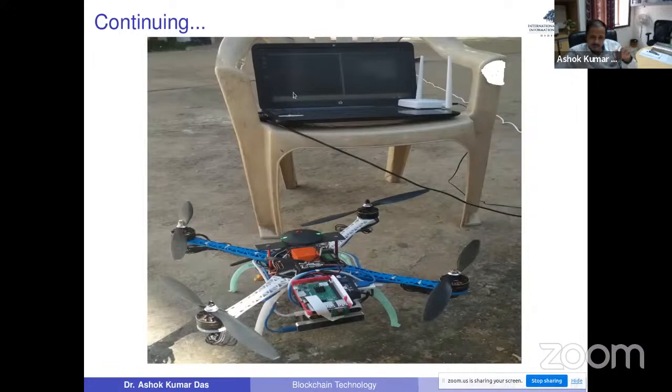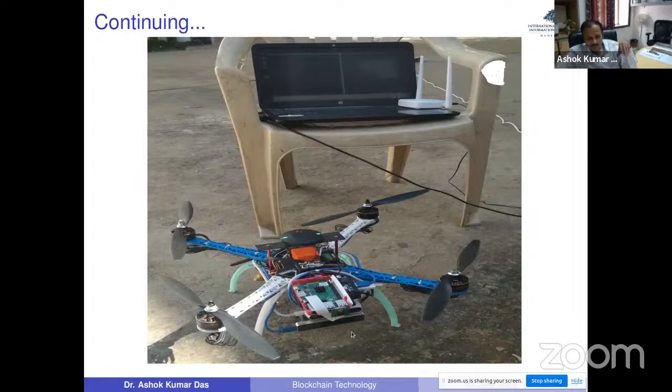The GSS code is also there. Then we have taken a cloud server in the lab, some desktop, where the data will be stored. So we have created a local area network, a private network, using a router, where the GSS can connect to the router, and the router can connect to the drone.